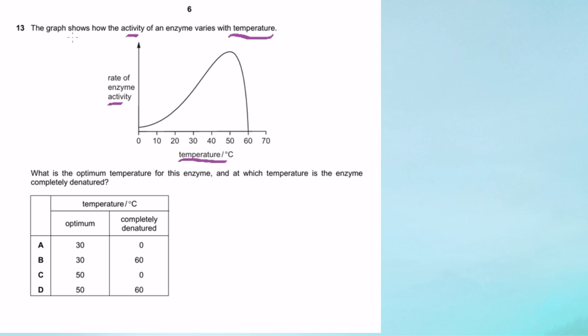Okay, so they ask what is the optimum temperature for the enzyme, and at which temperature is the enzyme completely denatured. So this here, the last one, we can see that's at 60. So in this case, it's either B or D. And the optimal temperature, we'll see here, at 50. So the only possible answer here is D.